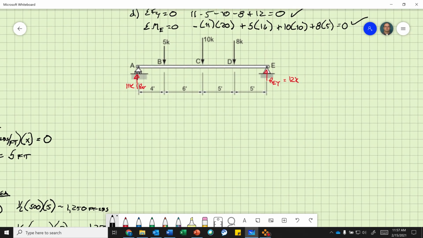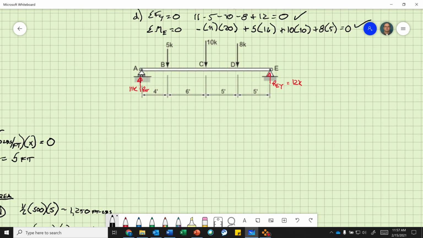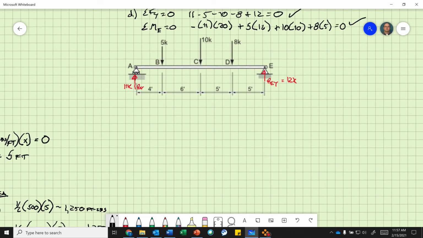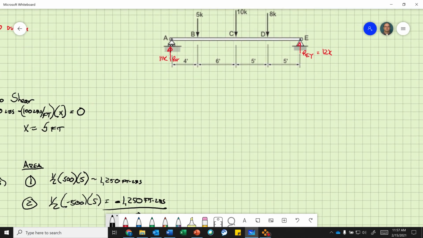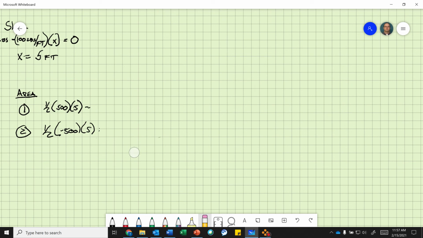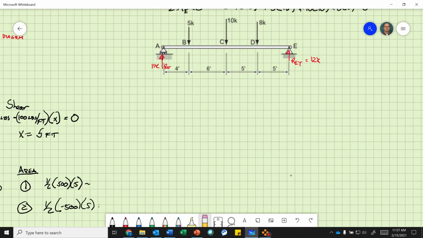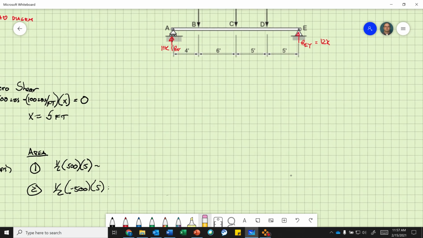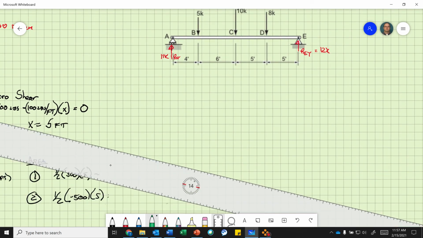Now, solve reactions. That was step 1. Step 2. Okay, let's draw out our diagram, so I'm just going to erase this so this doesn't interfere. So let's get the ruler out and let's project our lines down.